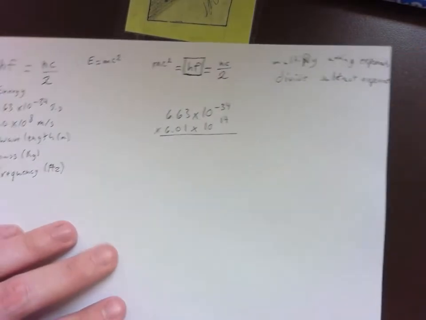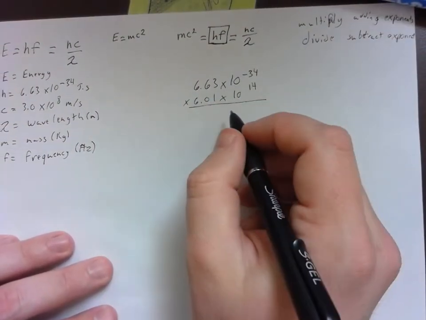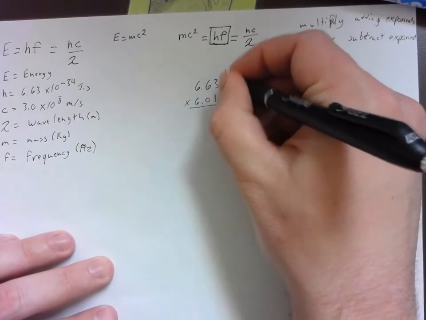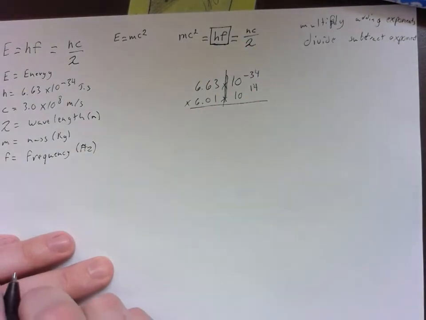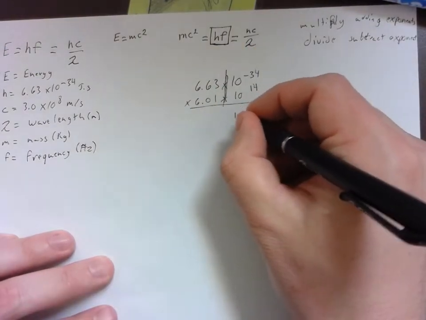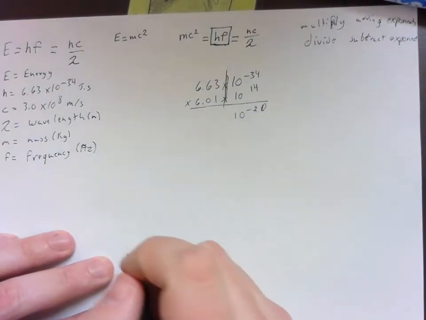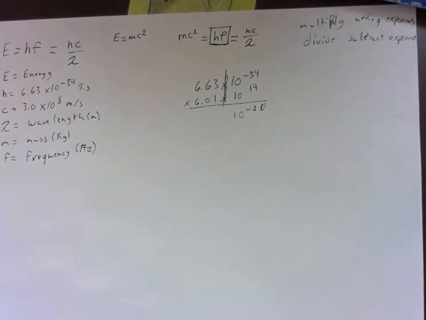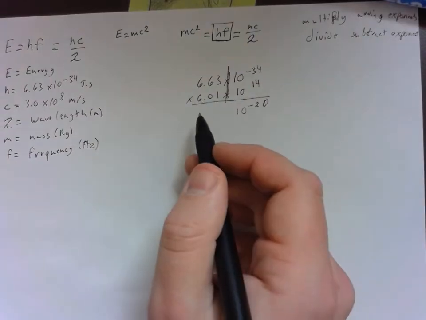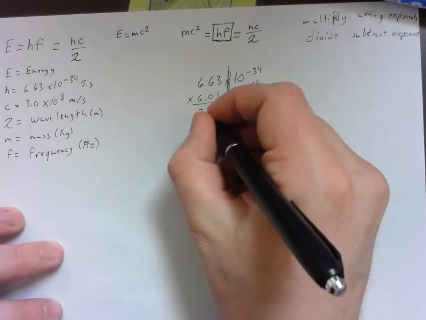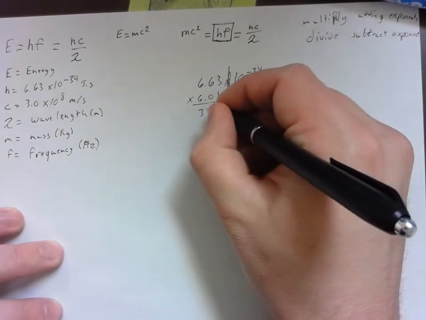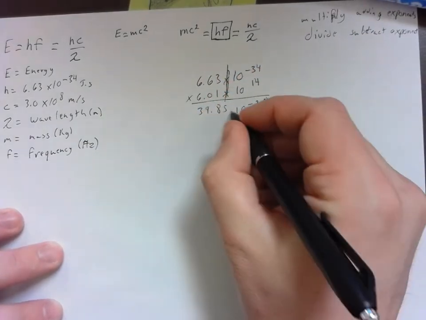In this case we're multiplying, so we're going to add them together. I always suggest putting a nice little line there so that we don't worry about it. So whatever this answer is going to be, times 10 to the negative 20. And if we do the math, 6.63 times 6.01, because we're still going to multiply this side, gives us 39.85 times 10 to the 20th.